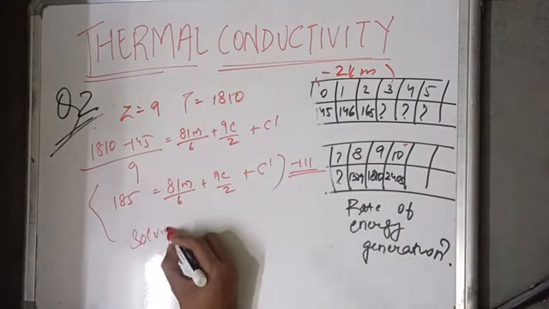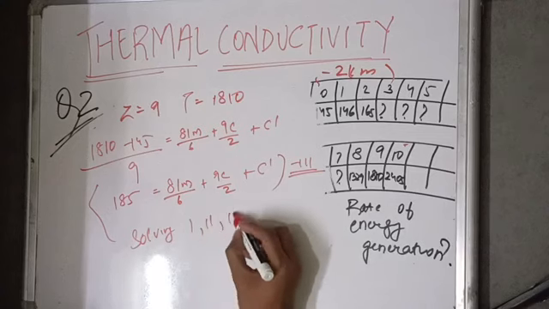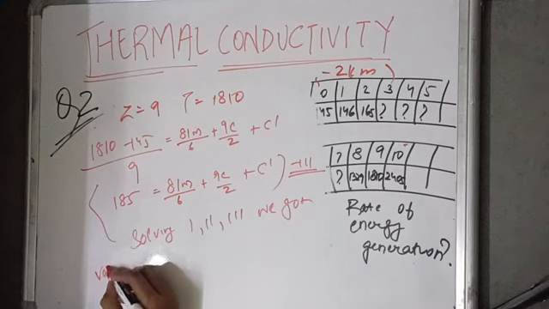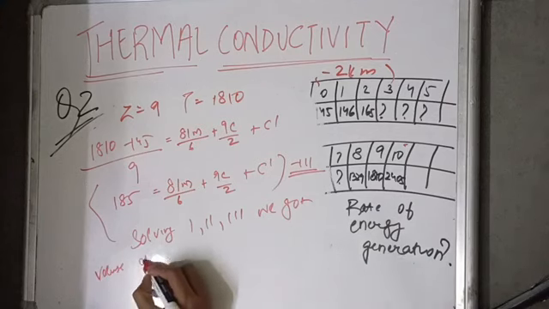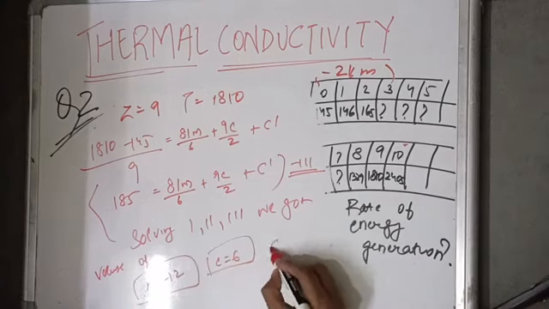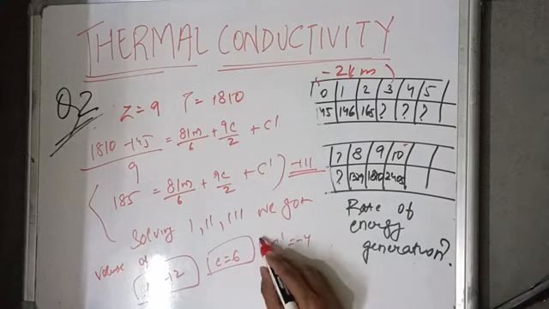Solving equations 1, 2, 3, we got the values of m equals 12, c equals 6, c dash equals -4.